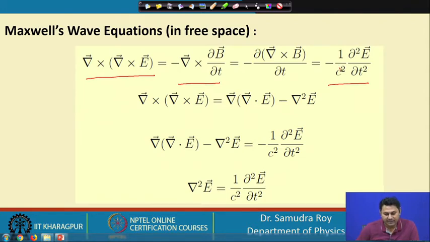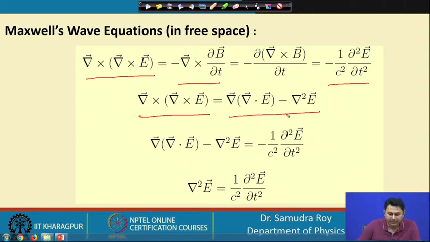Now, the next thing is this curl cross E, which I would like to expand in this form. This is a well known expansion of how a curl cross vector is expanded. The first term is grad dot this minus grad square E. This is a well known vectorial equation we use in almost all cases. So we are doing this here.